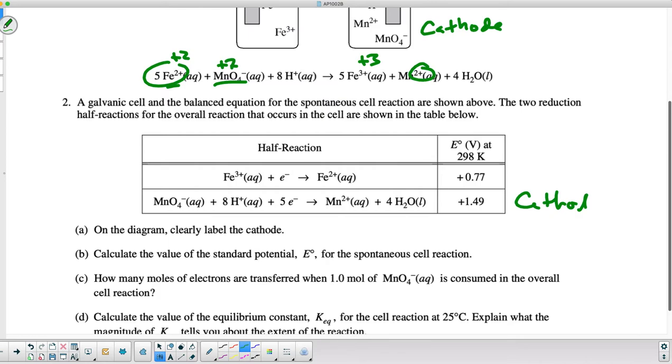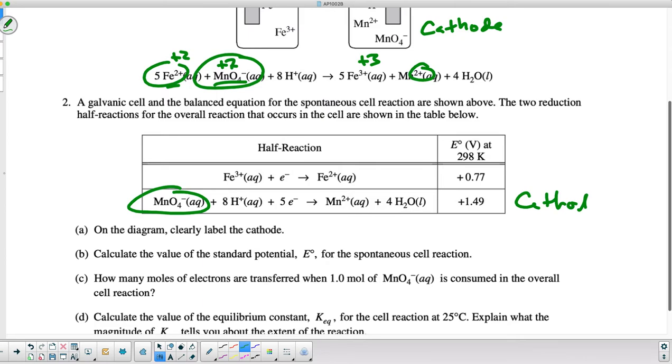So that's reduction. Remember, anode oxidation and cathode reduction. There's a whole bunch of ways you could do this, not just one, but what I did was check whether this is on the same side as this up here, which means the MnO4 is part of the reduction, which means that is the cathode.